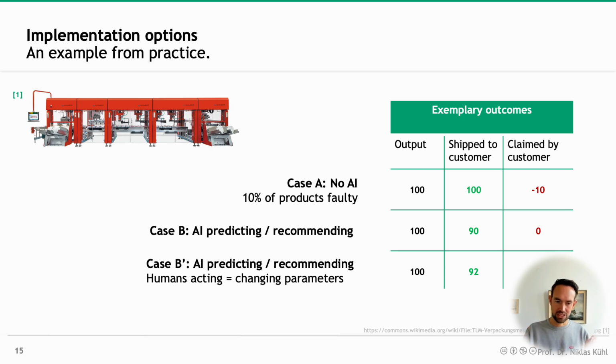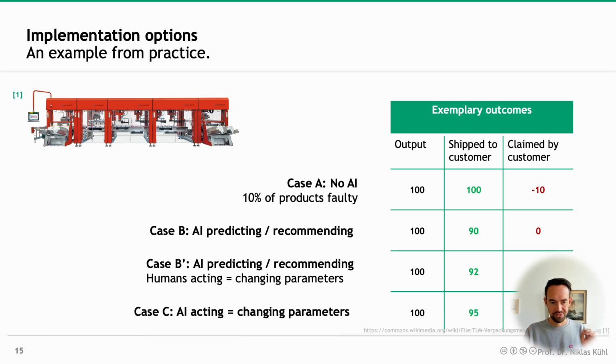And now we could imagine the case C, and that was the last one that we talked about, is now we have an AI that can also interact with these factory parameters. So it can change these parameters, and potentially, it could go up to 95 correct units. Of course, it could also go the other way.